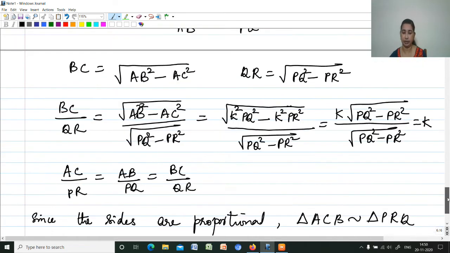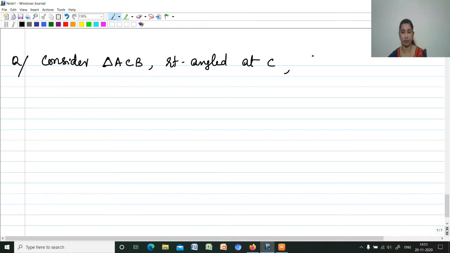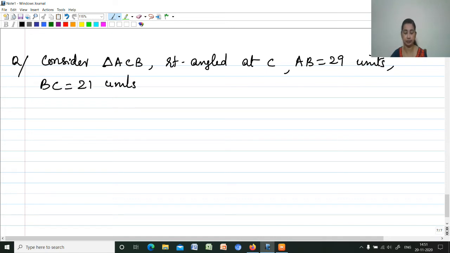Then next question. Consider triangle ACB right angled at C, in which AB is equal to 29 units, BC is equal to 21 units, and angle ABC equal to theta.